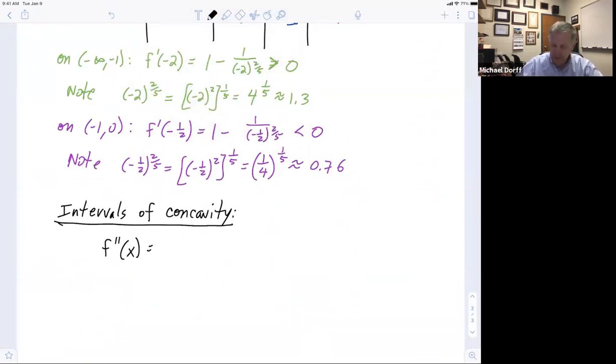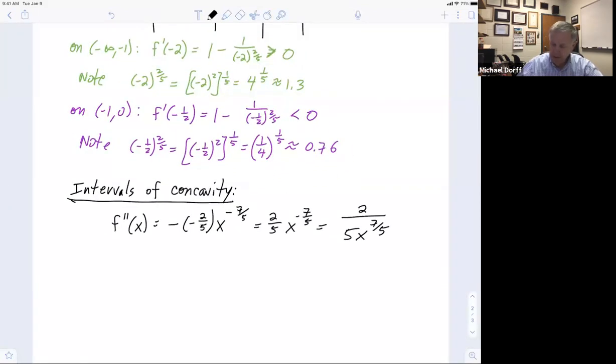The derivative of that would be negative times negative 2/5 x to the negative... Now I'm going to subtract 1 from negative 2/5, and I get negative 7/5. So that's going to equal 2/5 x to the negative 7/5, which I can write as 2 over 5 x to the 7/5.